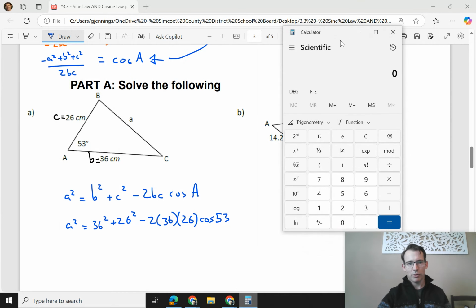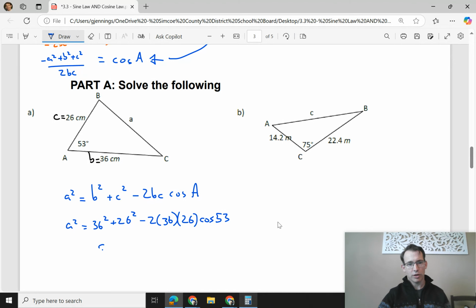So we've got 36 squared plus 26 squared minus 2 times 36 times 26 times the cosine of 53, equals 845.4. Gee, I was expecting something smaller. 845.4 equals a squared.